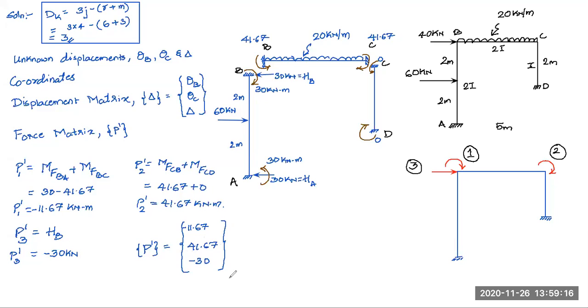Is that correct, what I have done here, calculation? Just verify. So I have my P dash matrix. If that is fine, we'll move ahead.